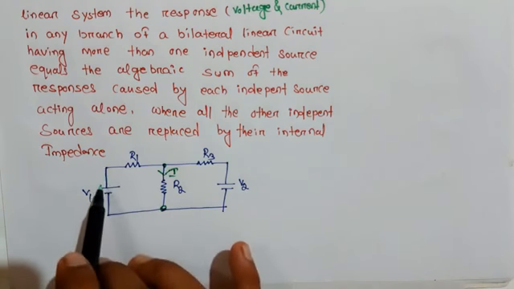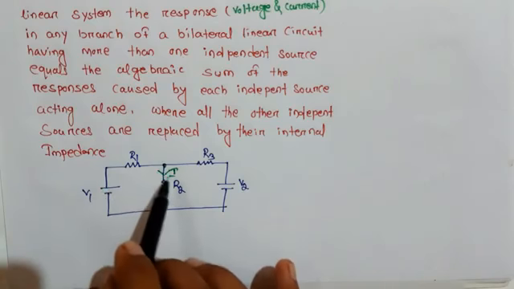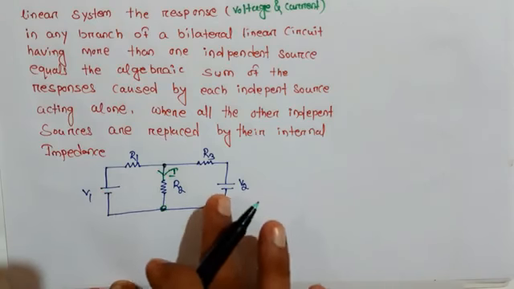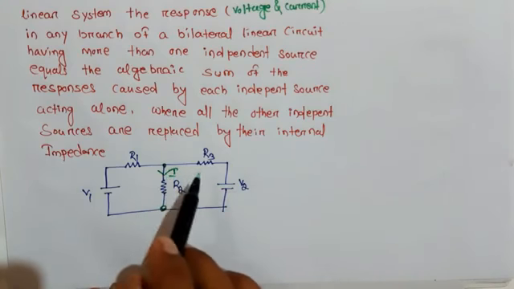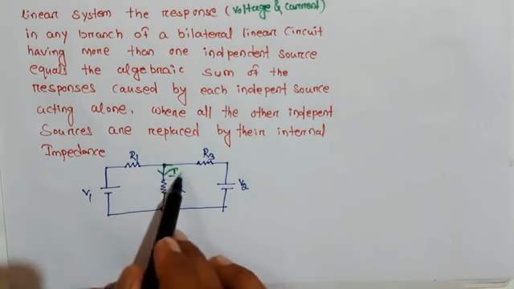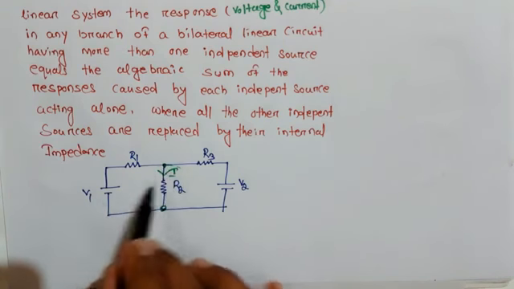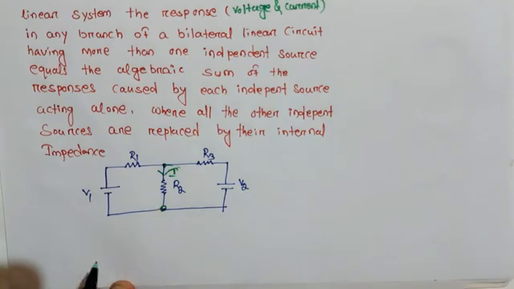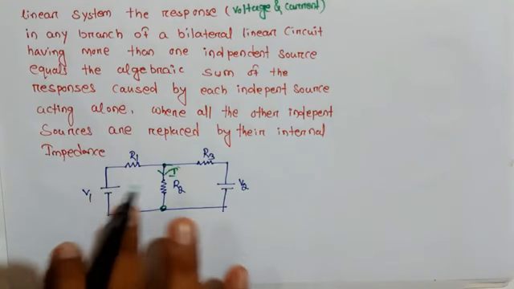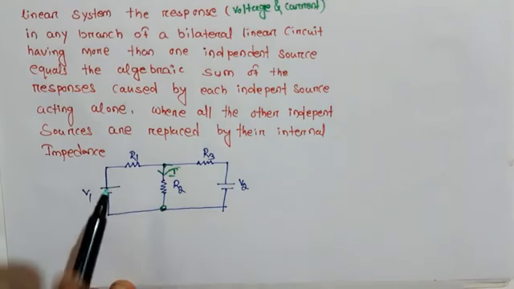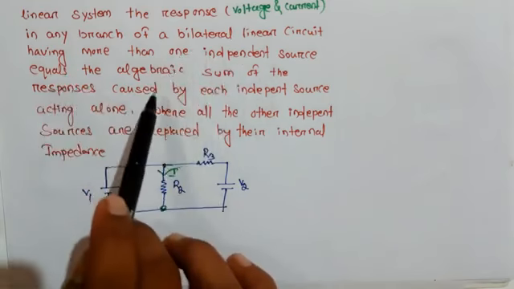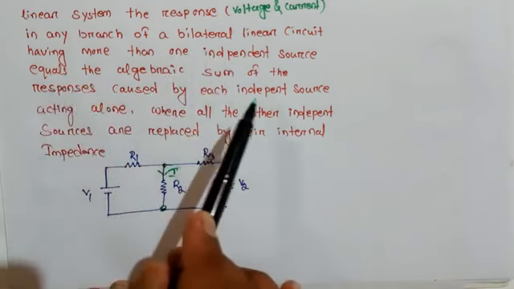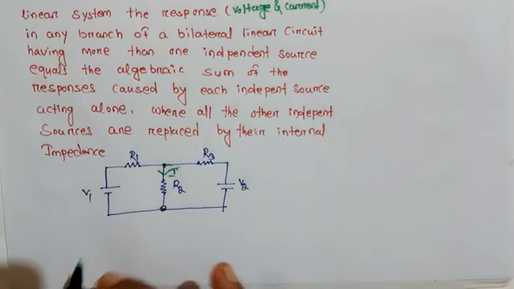If we connect this voltage source first, then find I, and secondly we connect V2, then find I. This total I is equal to the sum of I1 and I2, the algebraic sum of this response and this response, caused by each independent source acting alone. Let's practically understand how it is possible.